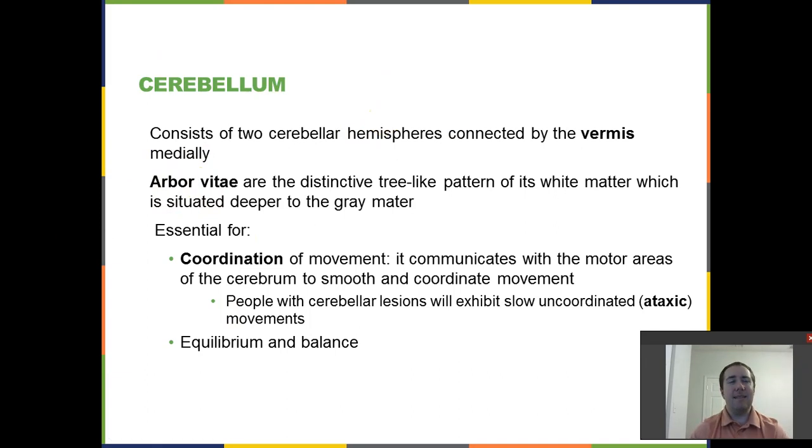So it does not send the signal to your legs causing you to walk. But it takes the signals from your frontal lobe, sending signals to your left and right leg, and coordinates them so that they happen at the right time so that you walk. Your frontal lobe is not very good at sending signals at the right time to make everything happen.